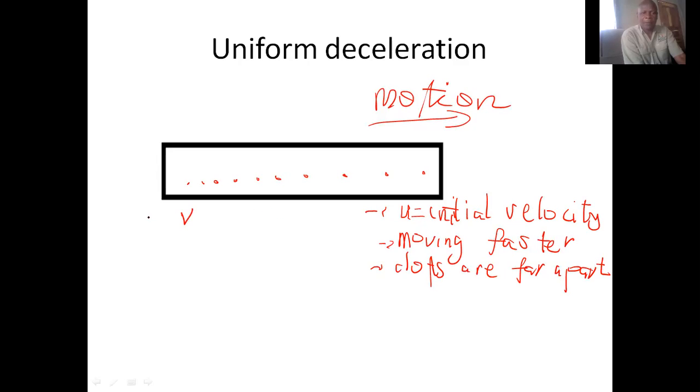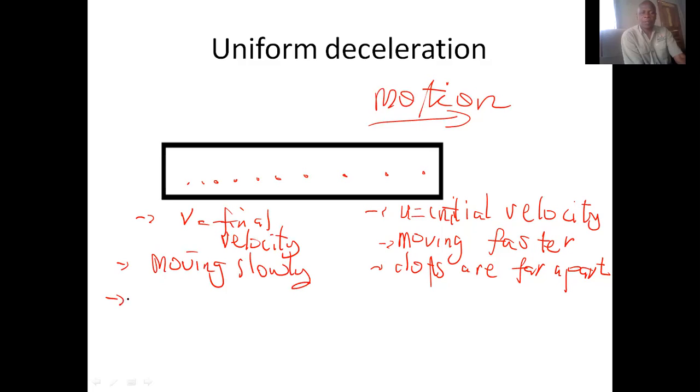And for the final velocity, we see that the object was moving slowly, because the dots are close to each other.